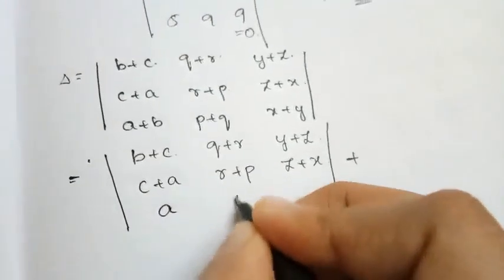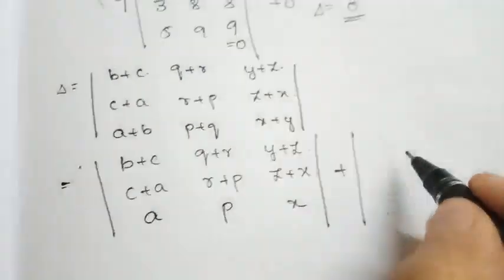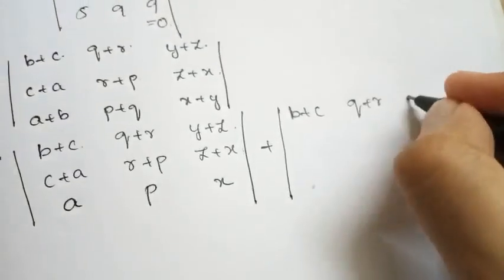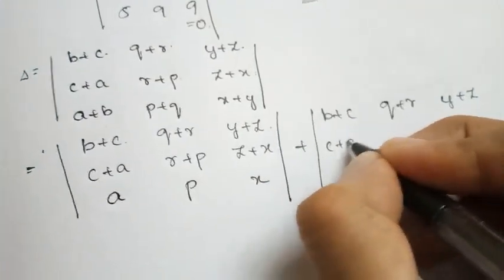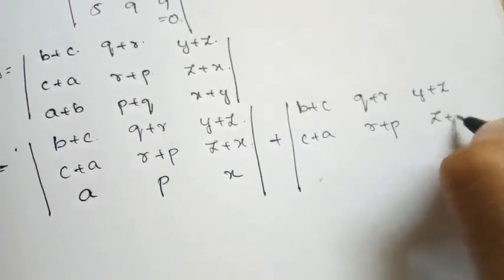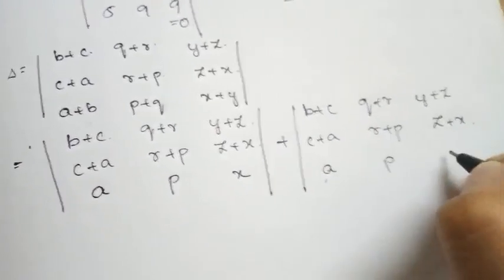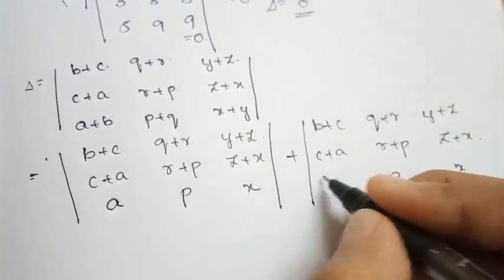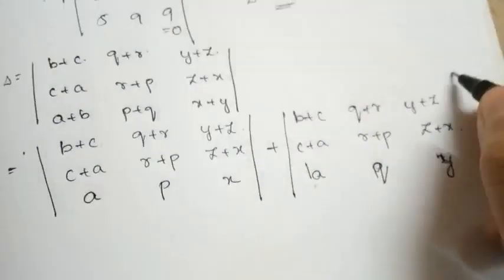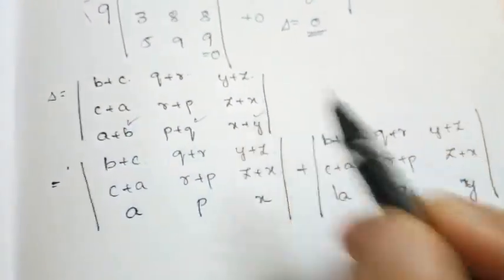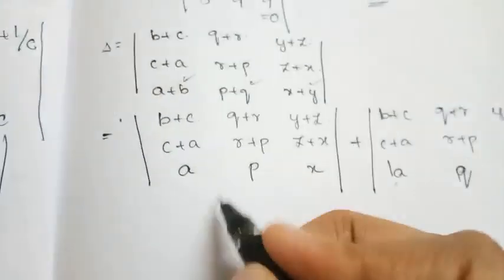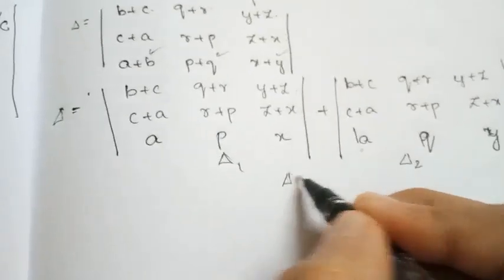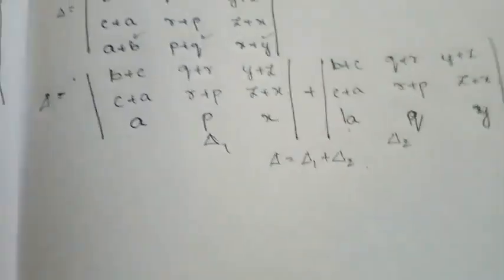That one is A, P, X, and again here it becomes B plus C, Q plus R, and Y plus Z, C plus A, R plus P, and Z plus X. And here the values are B, Q and Y, second element B, Q and Y. Here it was A, P, X. I call these delta 1 and delta 2, so delta is equal to delta 1 plus delta 2.